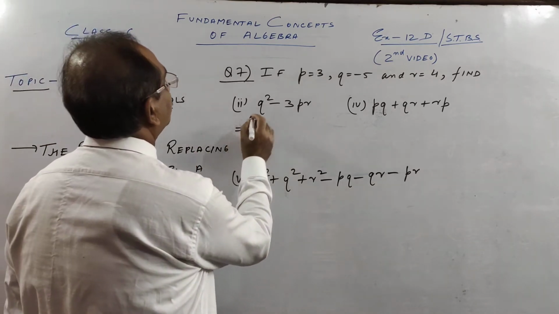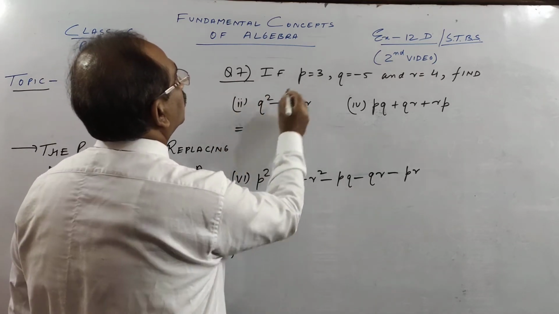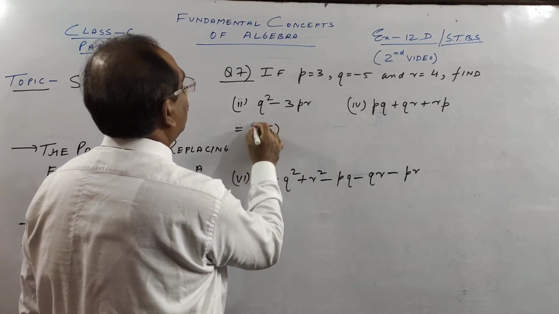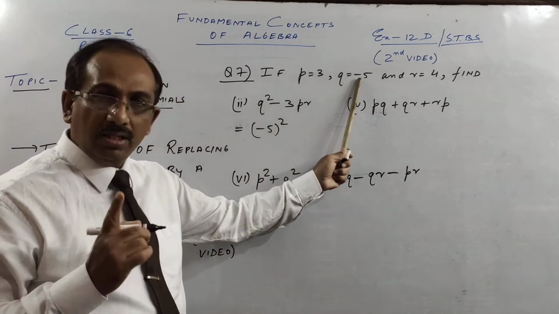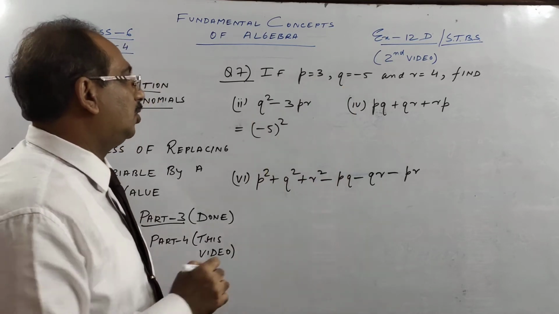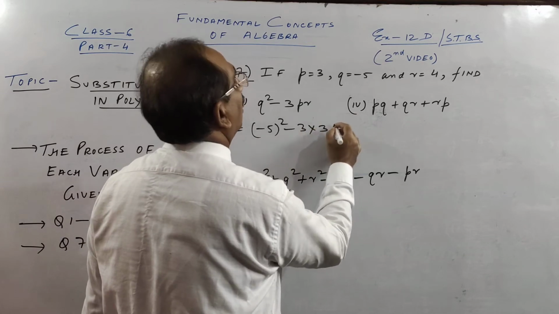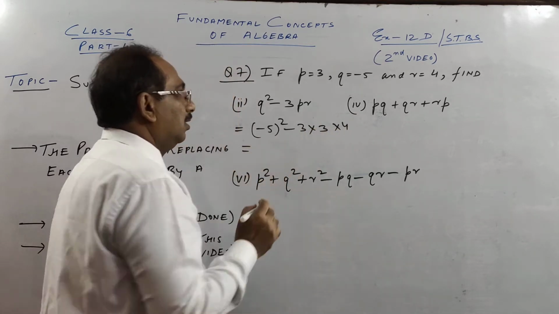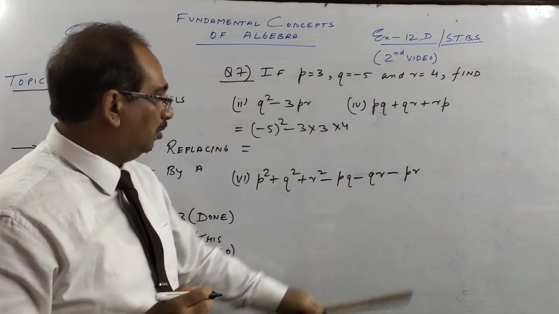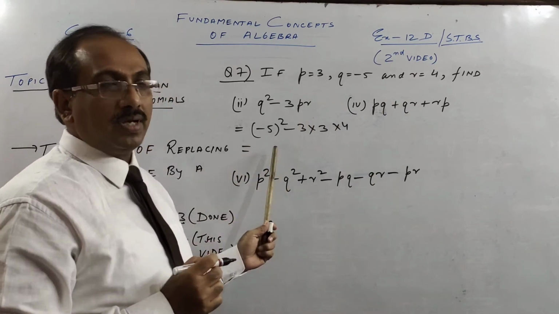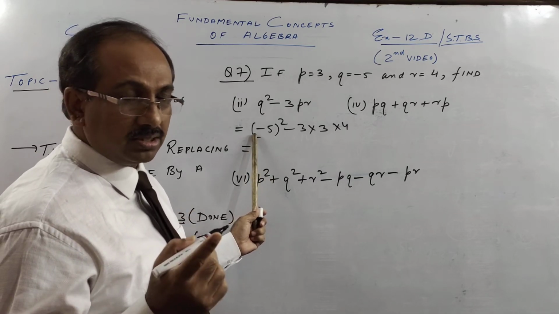Here in question 7 part 2, I am doing all the even number parts. q square is -5 squared, so I have substituted -5 for q, then 3 for p and 4 for r. A negative number squared, minus into minus, I taught you earlier in the integers chapter.